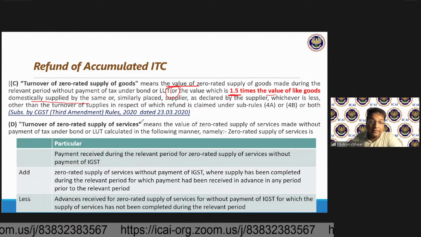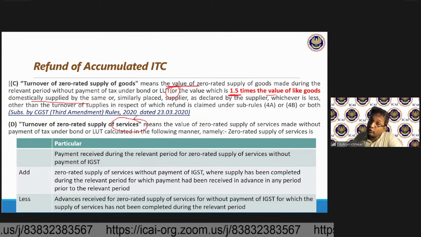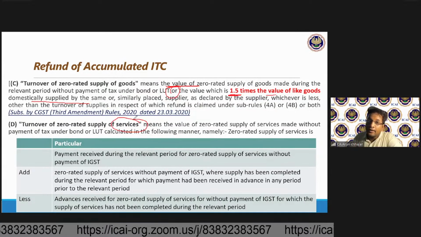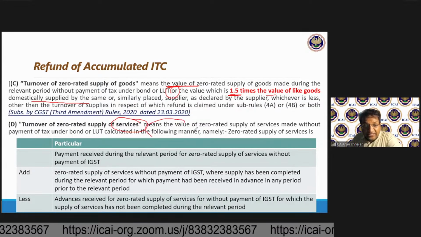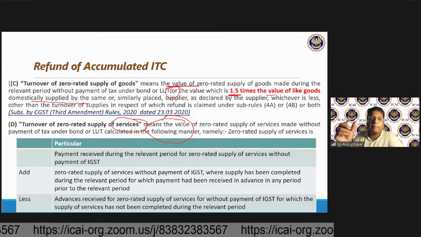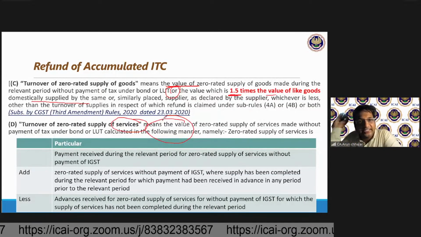Then they have changed the meaning of the zero rated supply of the service. The definition we will read, but let me give the crux. Invoice or payment, whichever is later, that will be the zero rated supply of the service.